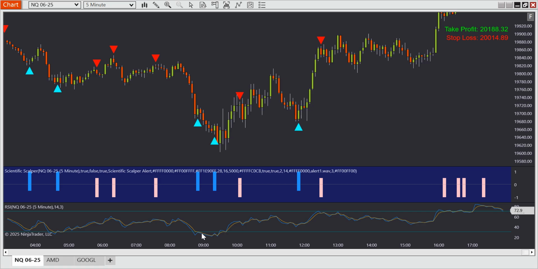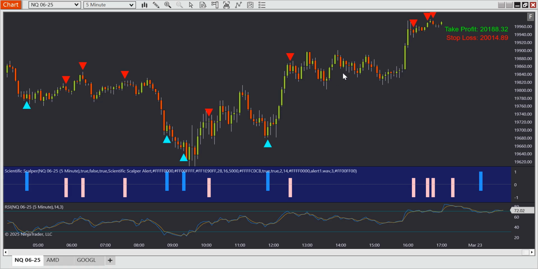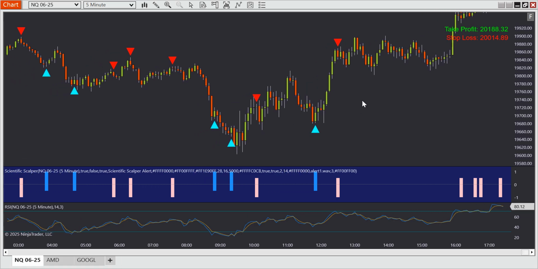We can see the RSI dipping below 30, indicating an oversold price. And so with those confirmations right there, that would have been enough to then find an entry for a bullish price action movement, which we see here moving up.